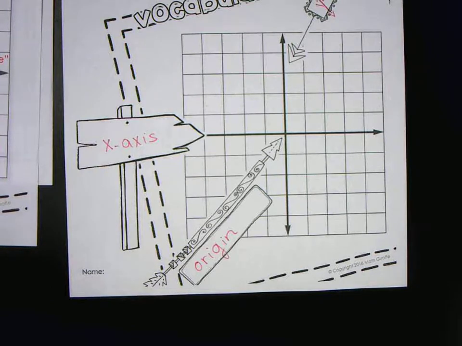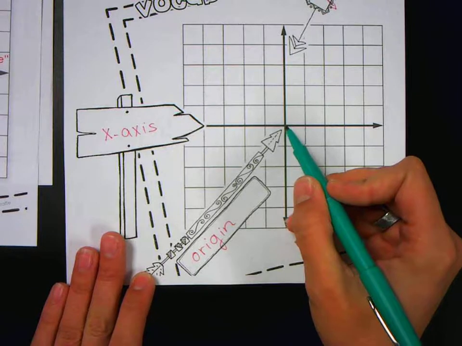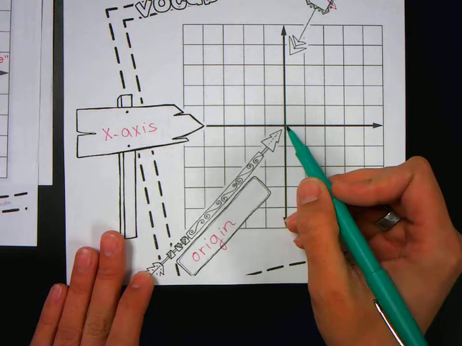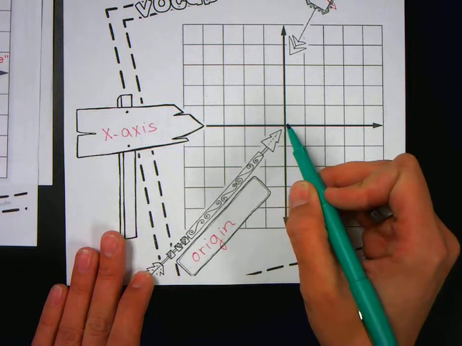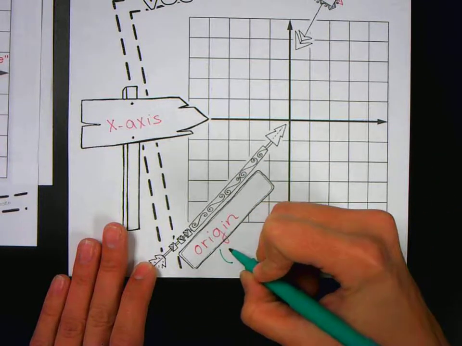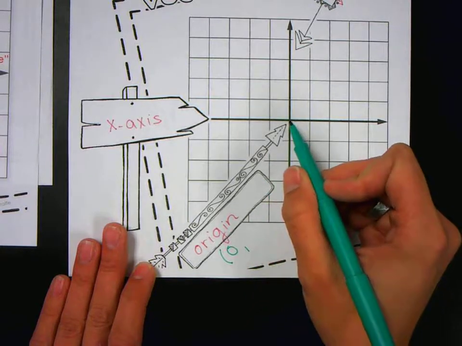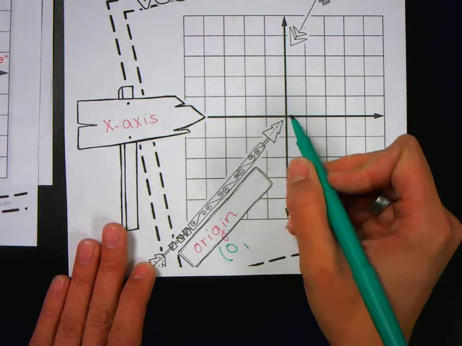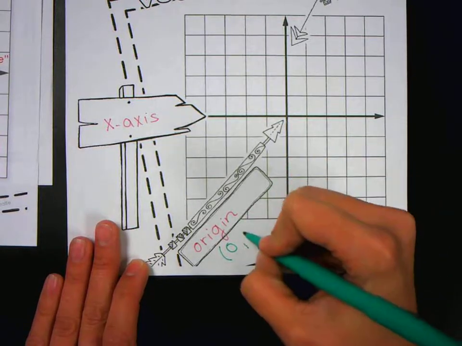In terms of our origin, the middle of our number line, no matter if it's vertical or horizontal, is always 0. So if I do not go left and right, meaning I stay right here in the center, that's at 0. So our x coordinate would be 0, sorry. And if I'm still at the origin and I don't go up or down, I'm still at 0, so my y coordinate is also going to be 0.